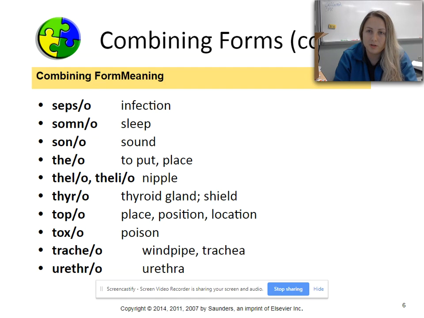Toxo is poison. If it's toxic, that means it's poisonous to you. You'll look on crayons and it'll say non-toxic, which means it's not poisonous. Tracheo refers to the trachea or windpipe, which is right here. Urethro is the urethra. This is what connects your urinary bladder to the outside world. That's what you urinate from.